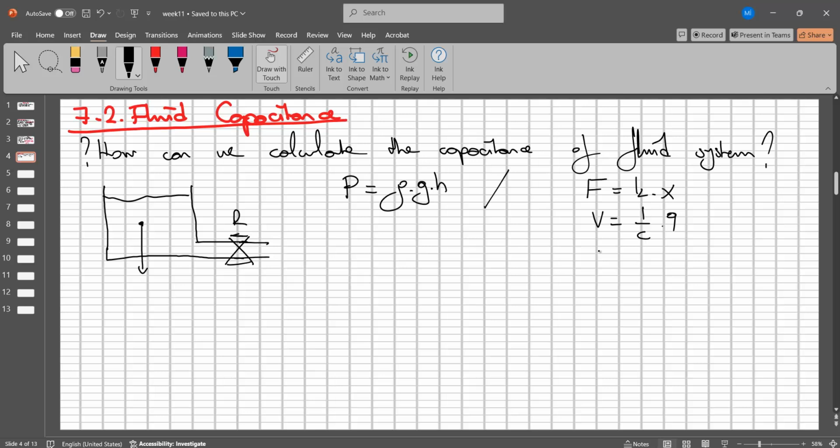So, in the fluid system, what is the applied variable? No, what is the across variable? Yes, pressure. And so what is stored in the fluid system?